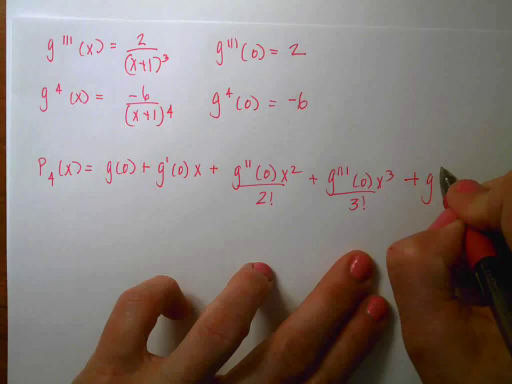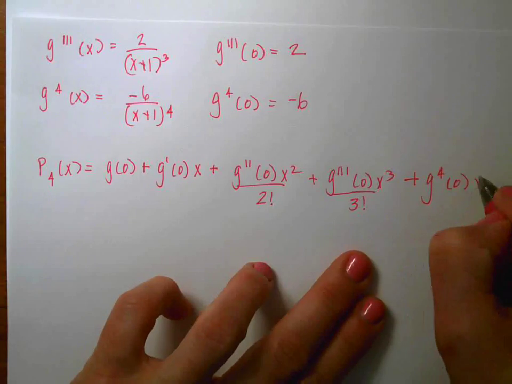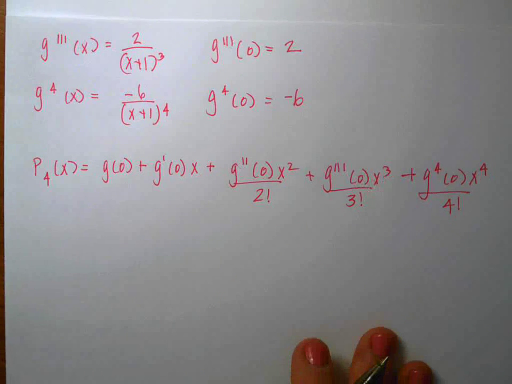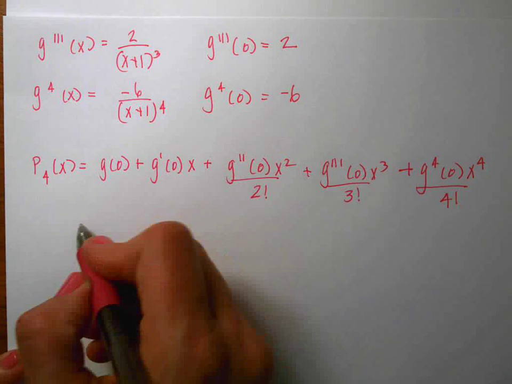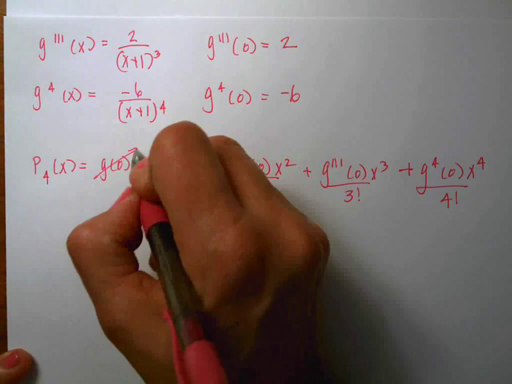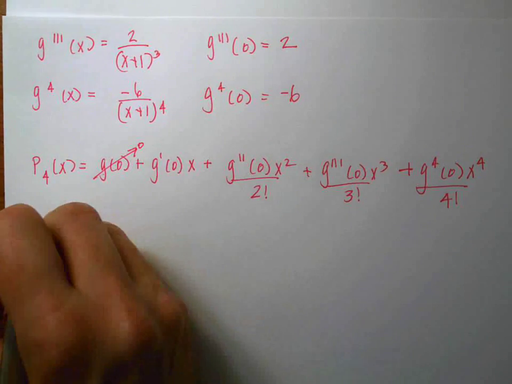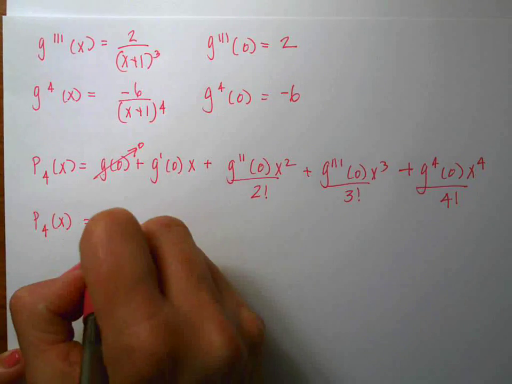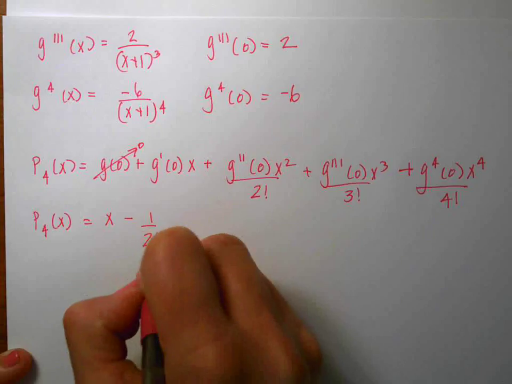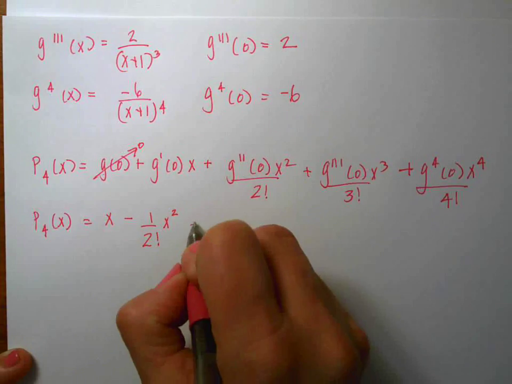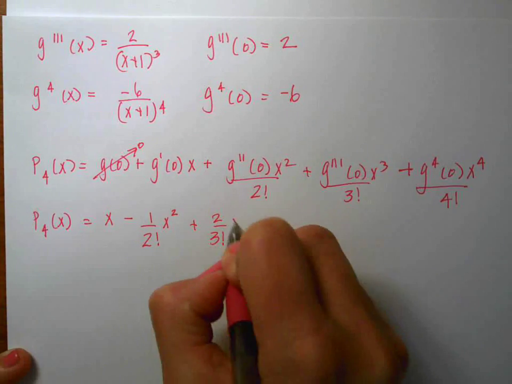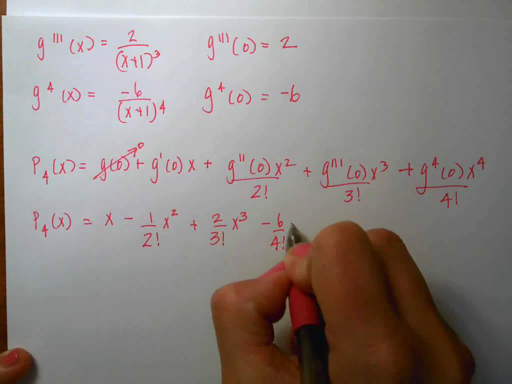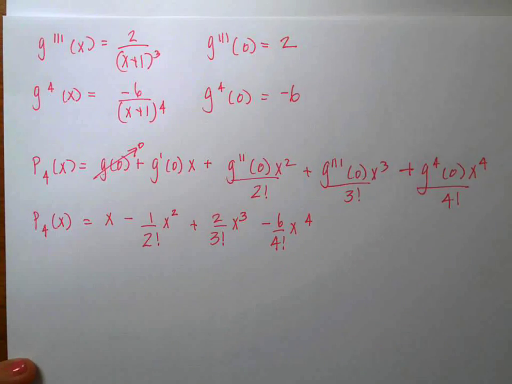And then the last guy is the fourth derivative evaluated at 0, x to the fourth over 4 factorial. Well, because we've already found all these values, we can substitute everything in. This little guy goes to 0. So when I rewrite my fourth degree polynomial, it's going to be x minus 1 over 2 factorial times x squared plus 2 over 3 factorial x cubed minus 6 over 4 factorial x to the fourth.